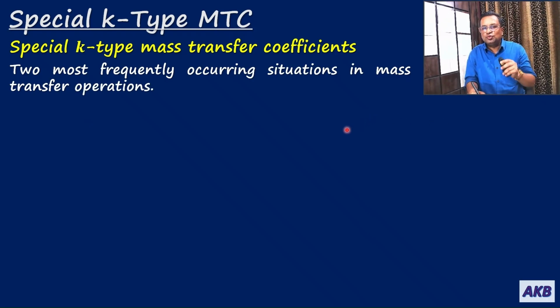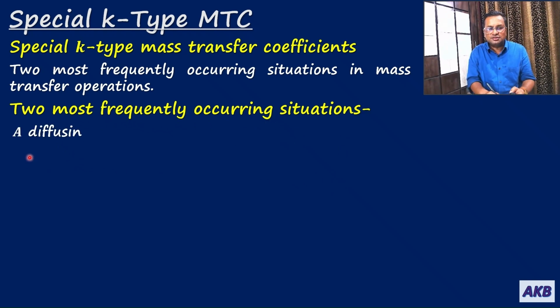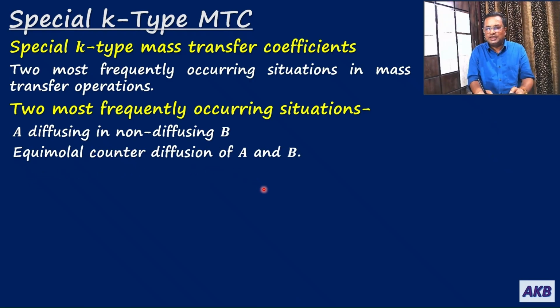One is A diffusing in non-diffusing B, you know that, and the other case is equimolar counter diffusion of A and B. So for these two situations, special K-type mass transfer coefficients are defined.